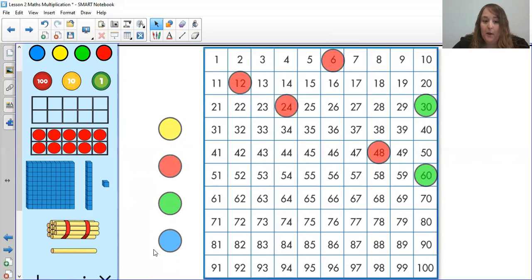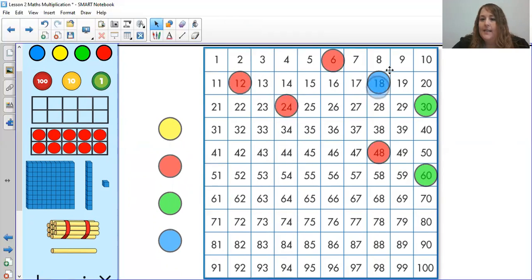We then used blue on the other page. So we had 6 times 10 up here. 6 times 1 up here was 6, and 6 times 2 is 12, and we added 1 more. So I can do 1 with my blue counter, adding 1, adding 2, adding 3, 4, 5, and 6. So I've now got 3 times 6, and I can double that answer if we remember to get my 6 times 6.